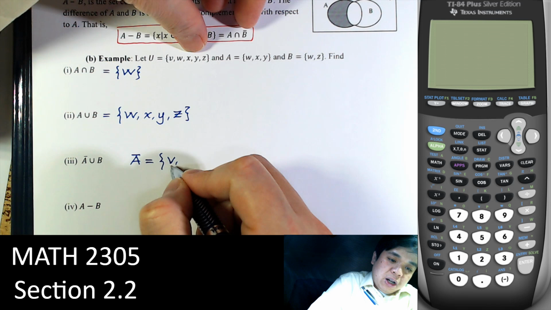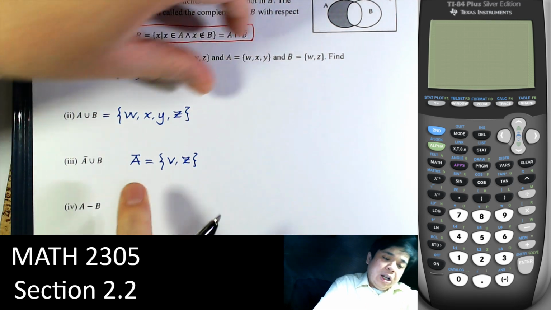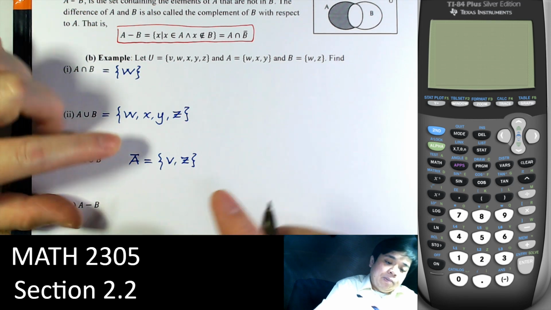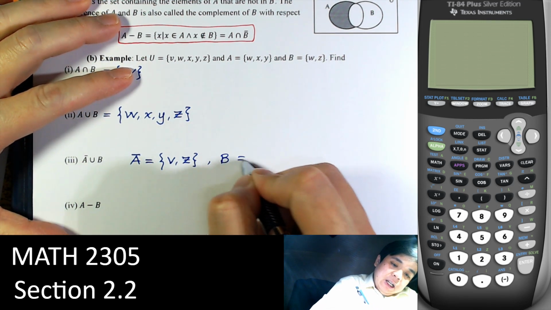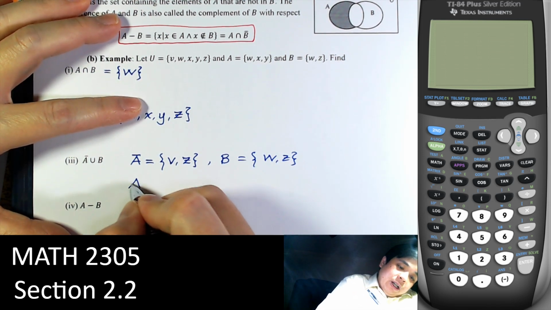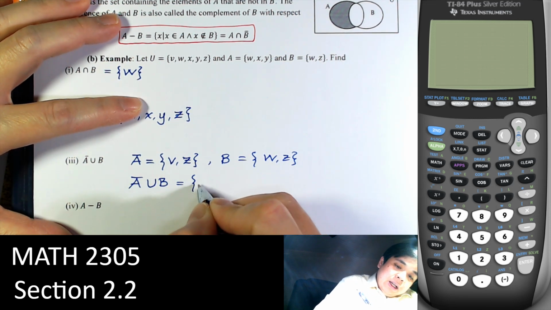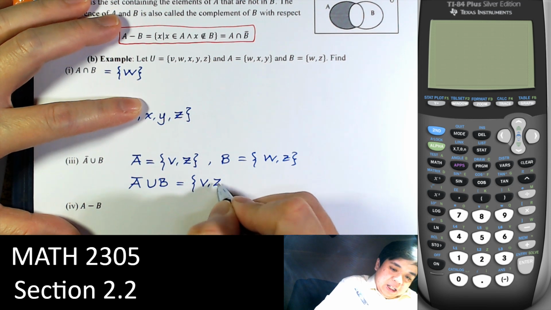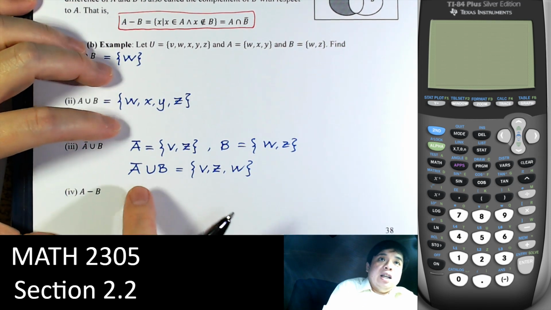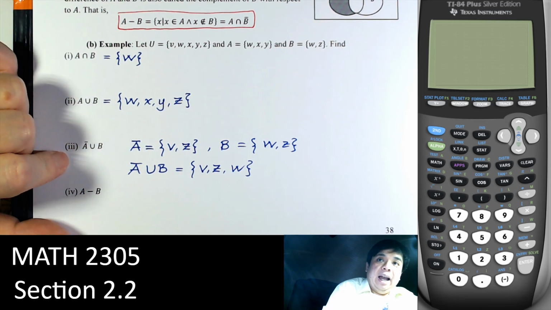X is in A, so it's not. Y is in A, nope. Z is not in A, so that's good. So that is the complement of A. And then we write B as W and Z. Therefore the union of not A and B is V and Z, and W, we already have Z. So that is the union of the complement of A and B.